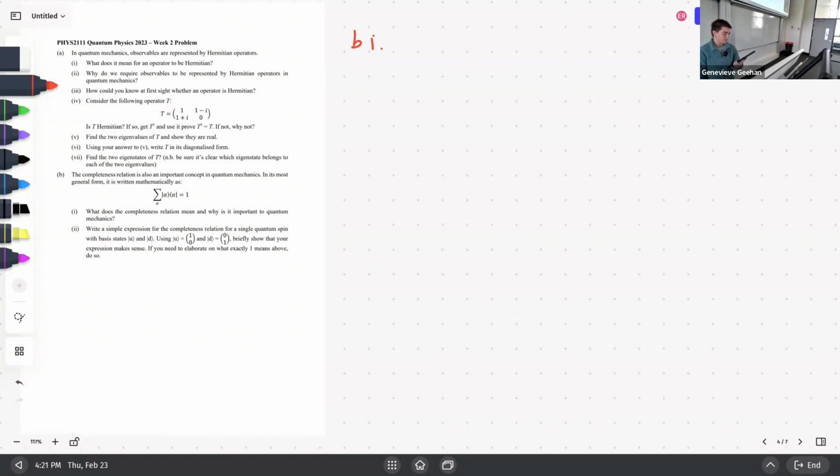So basically, what does the completeness relation mean, and why is it important to quantum mechanics? It means that all the possible outcomes of a measurement have to equal 1. And this is important for making probabilities make sense in quantum mechanics.